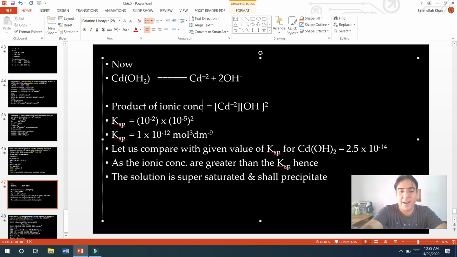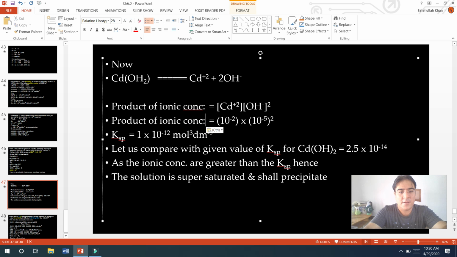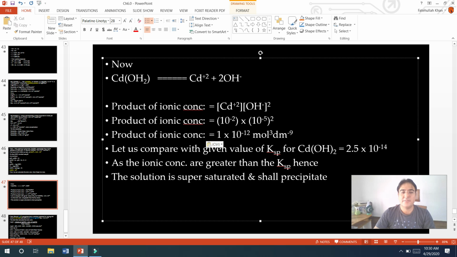So the product of ionic concentration is found like this. So we have to just replace it. It's not Ksp, it's the product of ionic concentration.